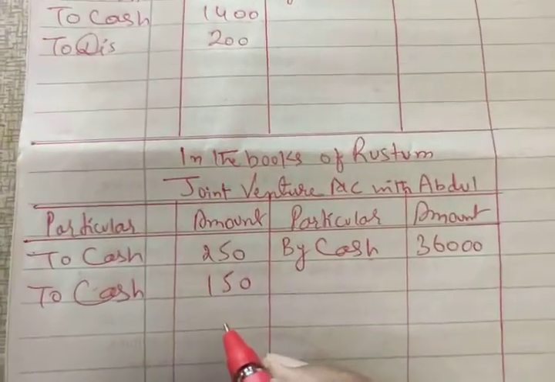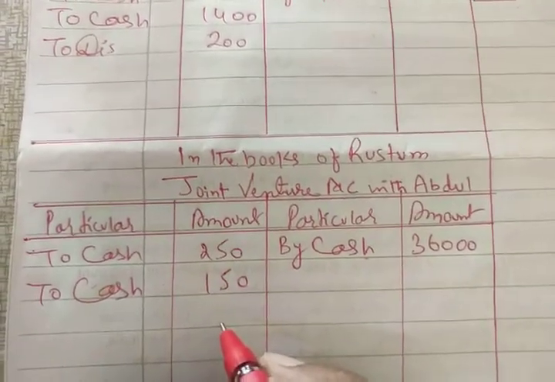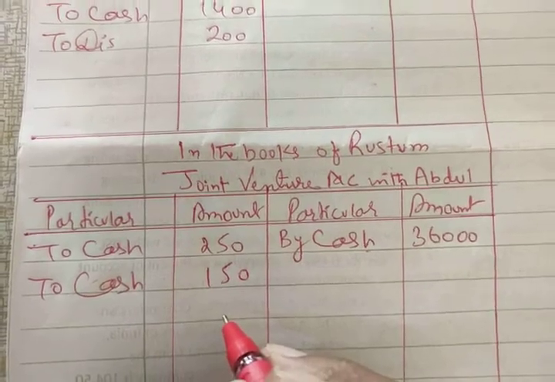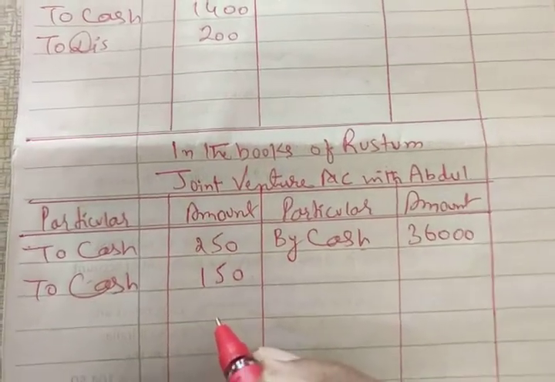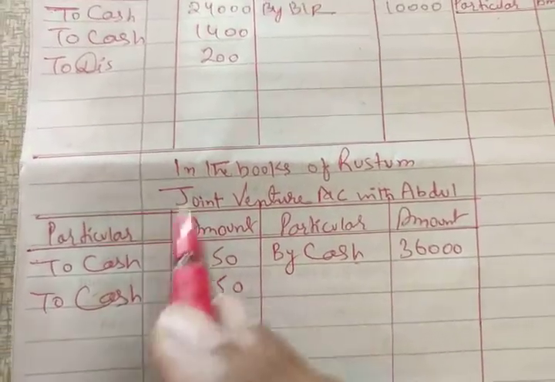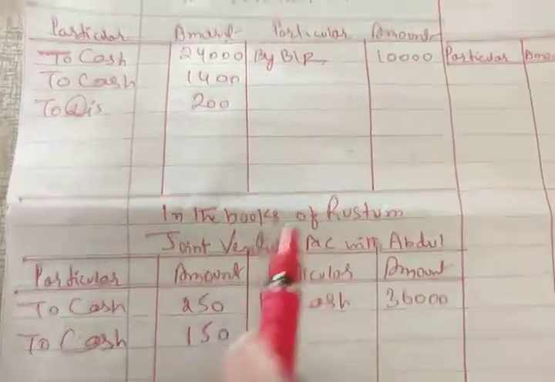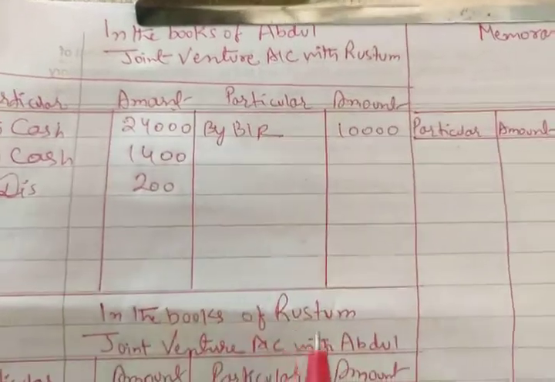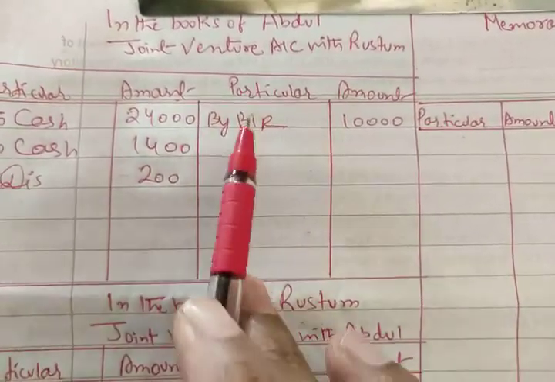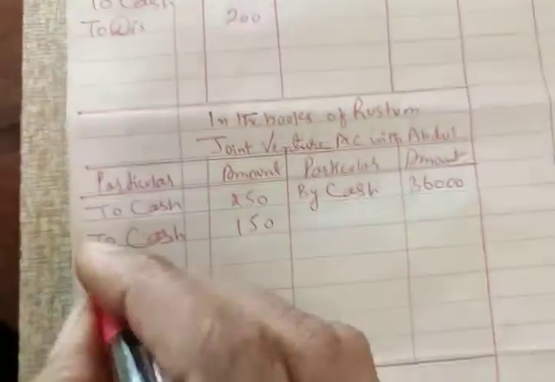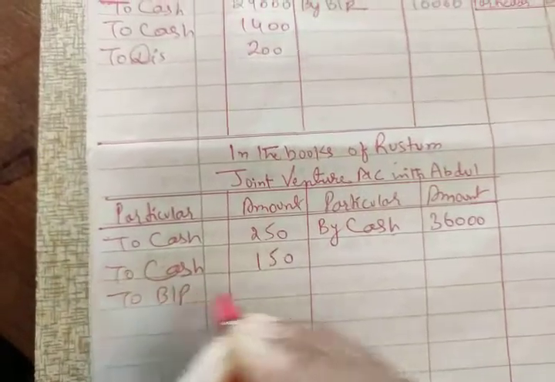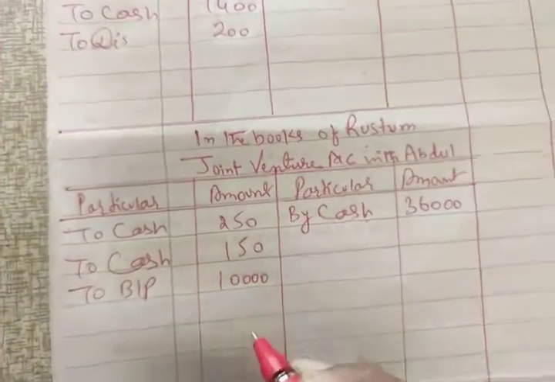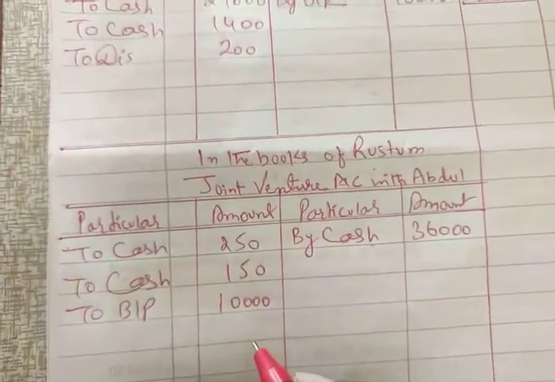And then further he has gone for a bank draft for the amount due to him. So all entries are here, but one entry we have to remember: Abdul has drawn the bill on Rustam. For Abdul it is bills receivable, that means for Rustam it will be bills payable, worth rupees 10,000.